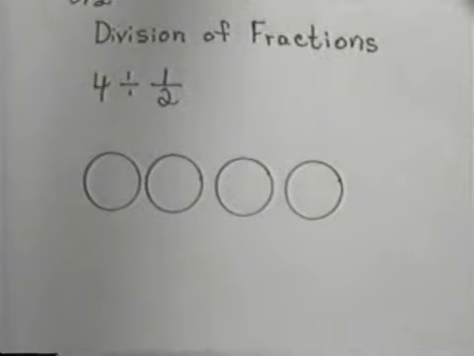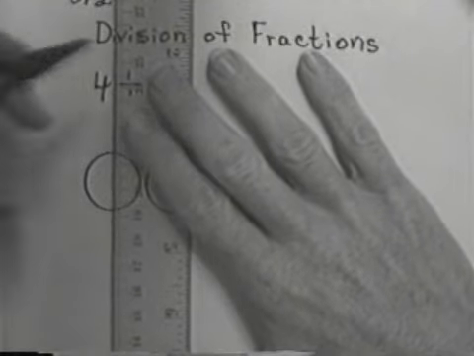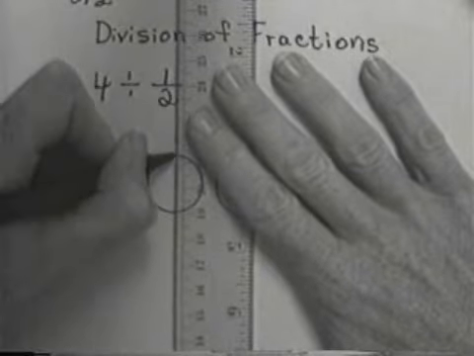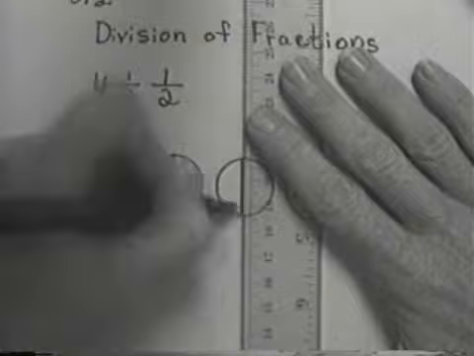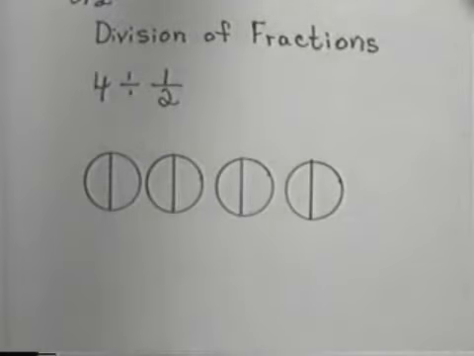And I'm going to take those 4 circles and divide each of them in half. So let's do that. So I've taken each of my 4 circles and divided them in half.